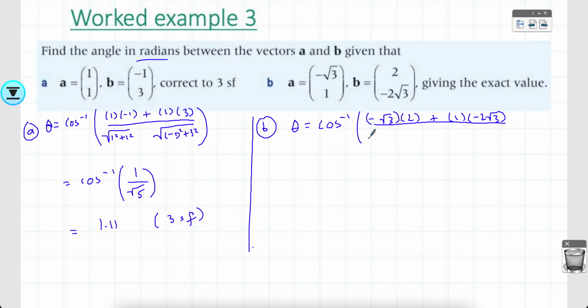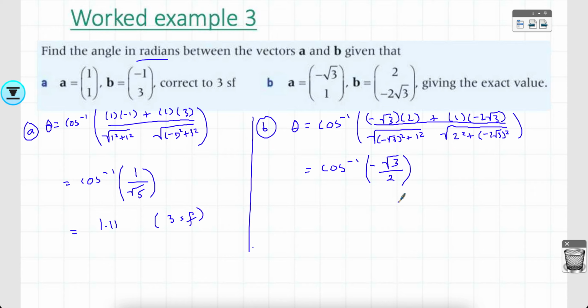And then I'll take the individual magnitudes, so negative root 3 squared plus 1 squared, and 2 squared, negative 2 root 3 squared. Obviously the negative doesn't matter here, but I like to write it there just so I don't get confused with the values. So this will overall just simplify to a negative root 3 over 2.